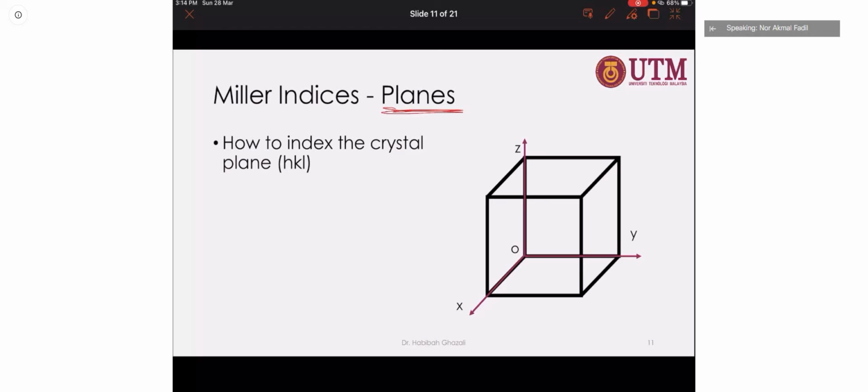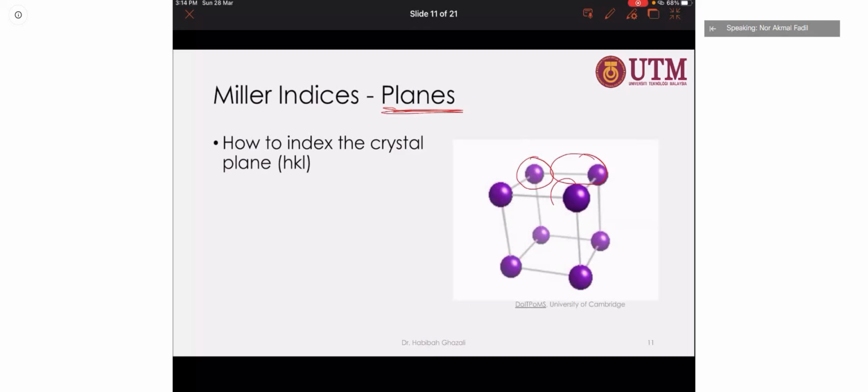If we zoom in or zoom out, we can see that the atoms are arranged and look like a plane of atoms.